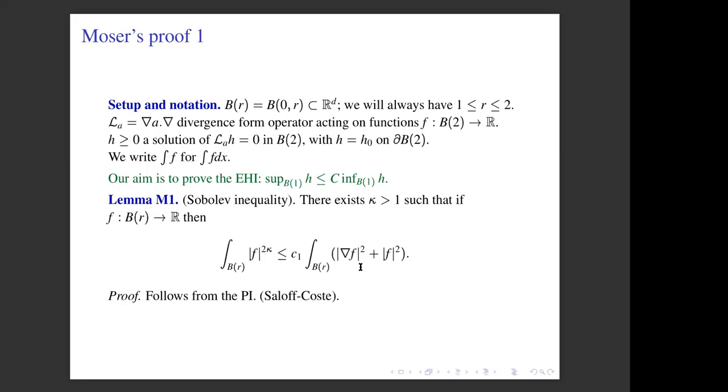Sobolev inequalities like this are well known in partial differential equations. The contribution of Saloff-Coste in his 1992 paper was to show that this Sobolev inequality actually can be proved from the Poincare inequality.